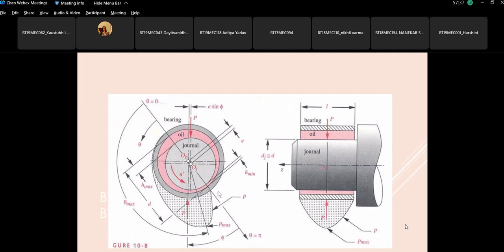So the important parameters are L, D, pressure P, load coming on this, F, we'll mark it F because small p we are using for pressure, H minimum, and eccentricity E.